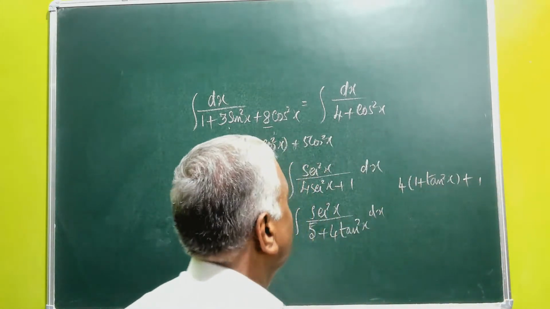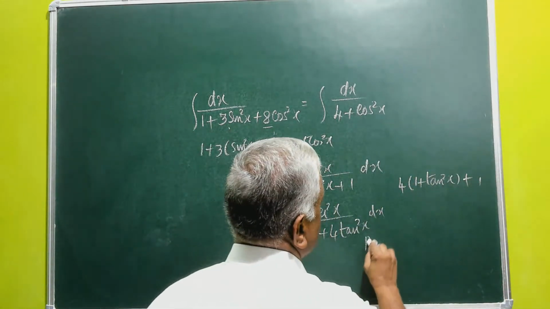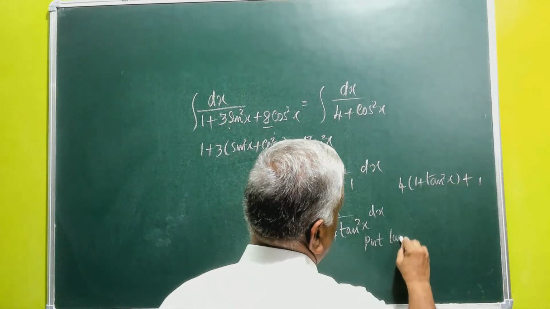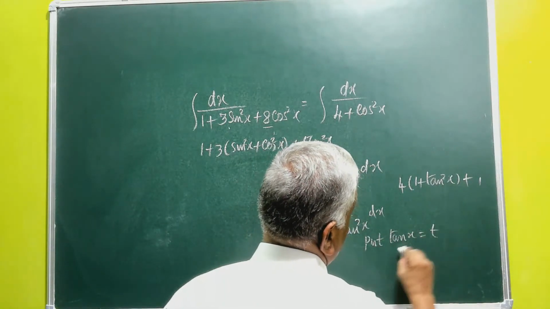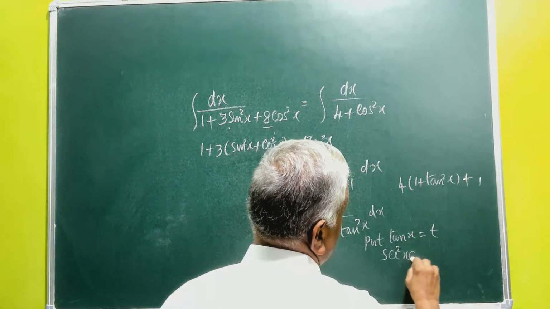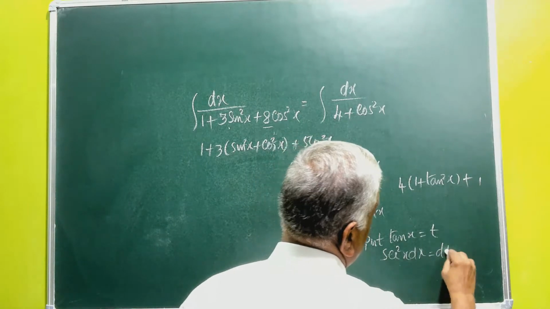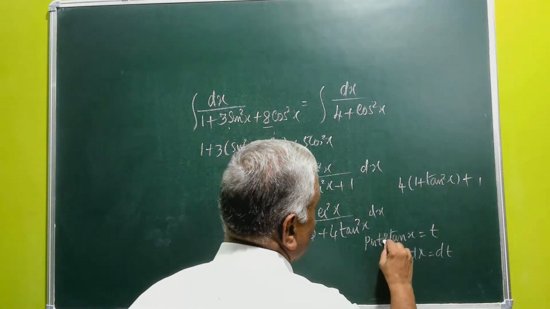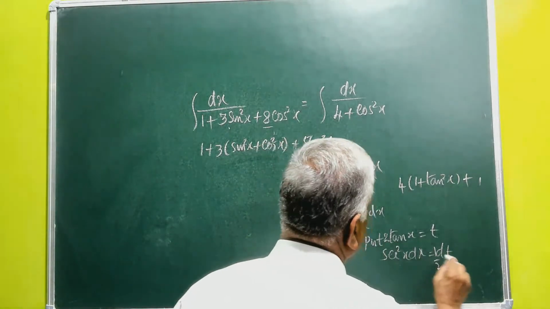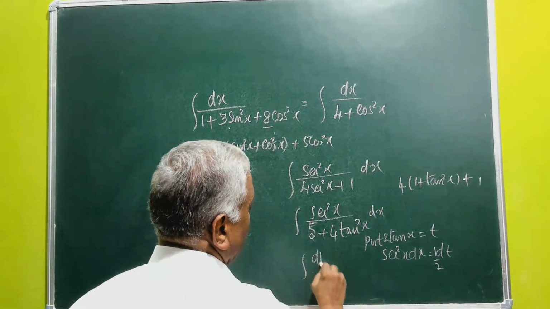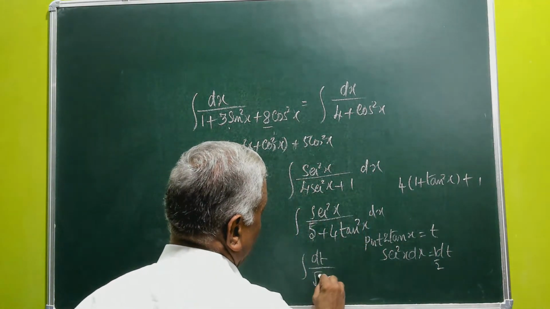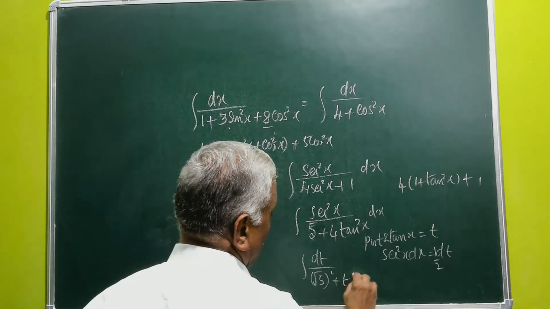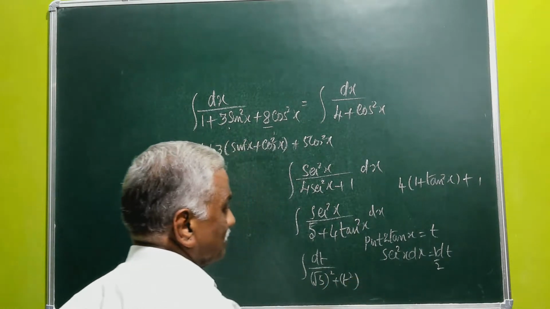Now put tan x equals t, secant square x dx is dt. So you can do one thing, put 2 tan x equals t, you get half dt. So dt over root 5 whole square plus t square.